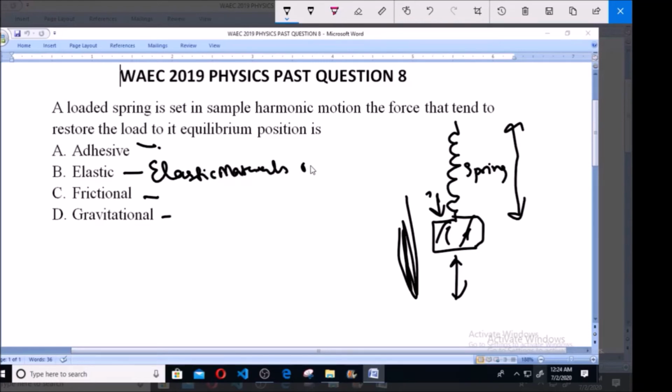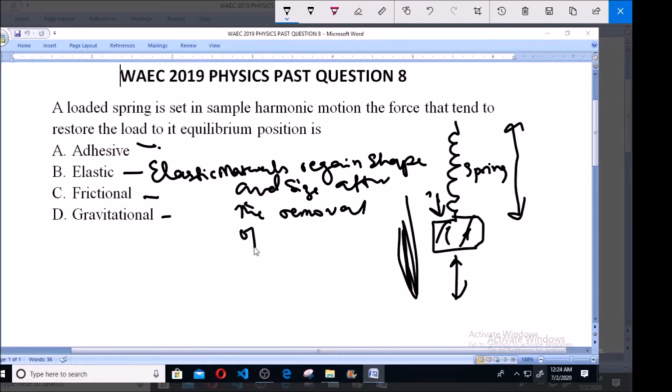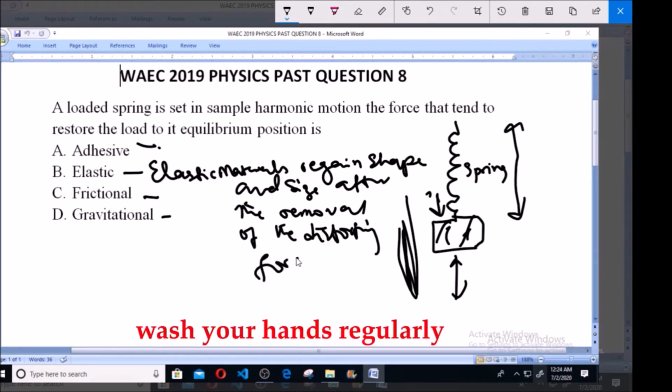They regain their shape and size after the removal of the distorting force. So whenever you remove the force that you're using to distort them, they will return back. So it's only elastic material that do that.